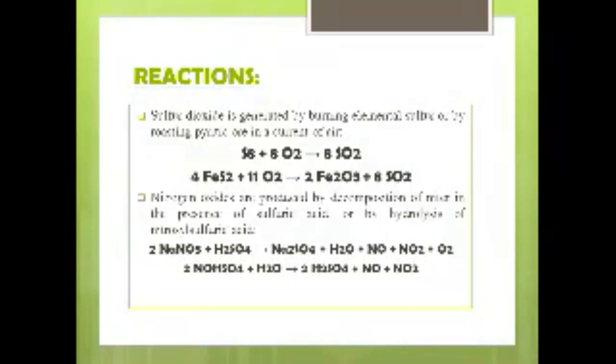The nitrogen oxides are produced by decomposition of niter in the presence of sulfuric acid or by hydrolysis of nitrosyl sulfuric acid. When niter reacts with sulfuric acid, it forms nitrosyl sulfuric acid, nitrous oxide plus nitrogen dioxide, and oxygen plus water.